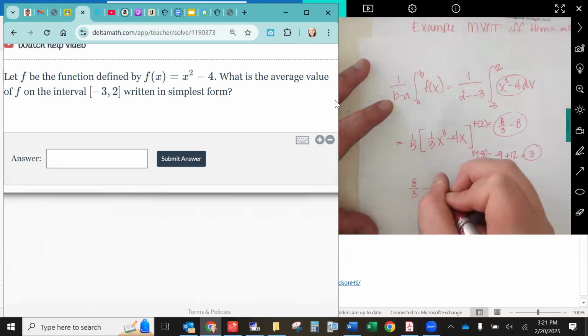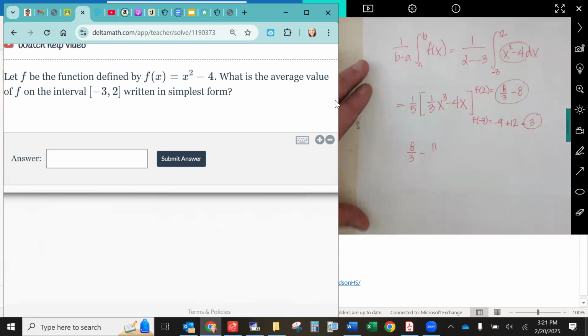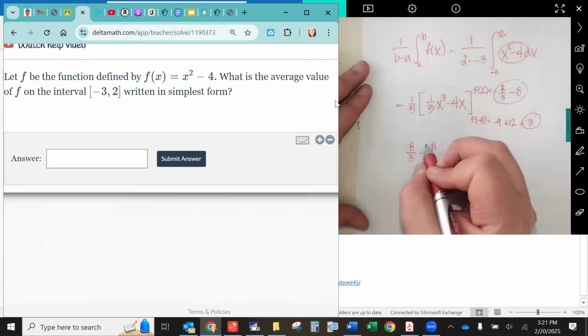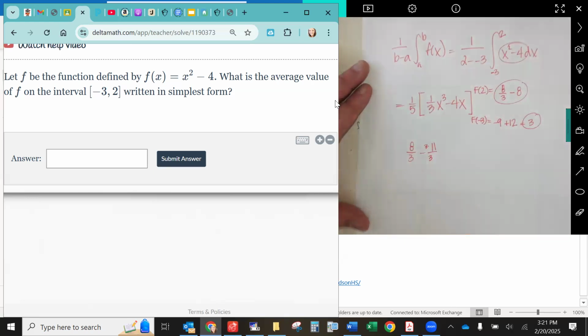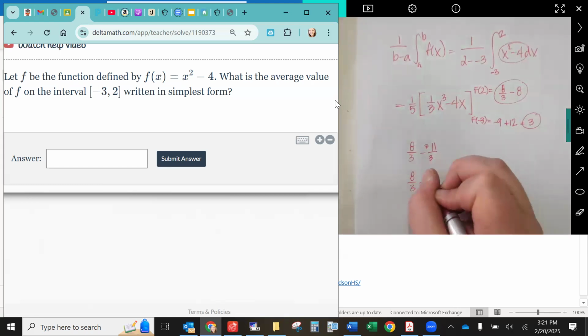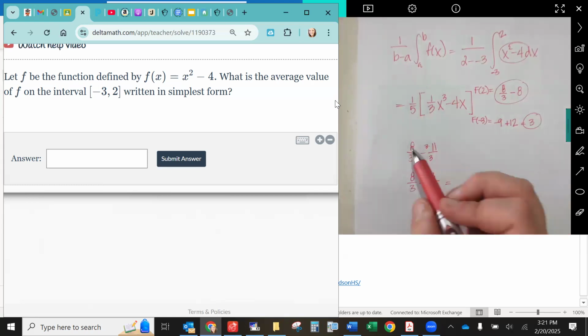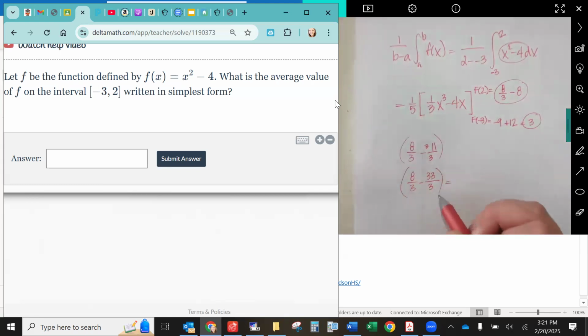So it's really 8/3 minus 11. And then you would get a common denominator from there. And so then we'd make this times 3 over 3, top and bottom. So now my 11 is a 33/3. Does that make sense? And then what's 8/3 minus 33/3? Wouldn't it be -25? Okay, then don't forget, what did I have in the very front?